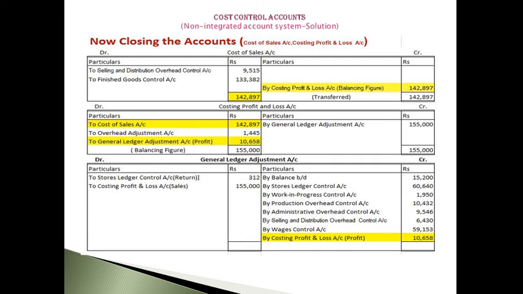And there is a balance in the credit side, 1,55,000. It is to be put in the debit side total, and there is a balance of 10,658. It is to be transferred to the general ledger adjustment account, 10,658. It is profit, the balancing figure, and it is put here: costing profit and loss account, by costing profit and loss account, within brackets profit 10,658.